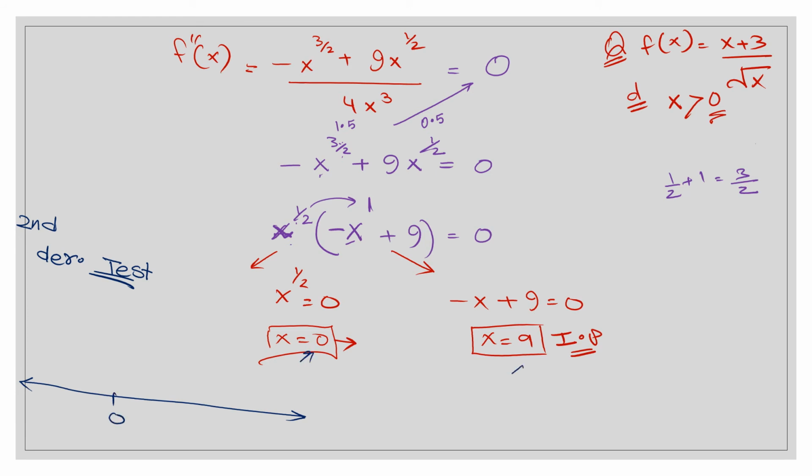Also put the 9, that is the inflection point candidate, and from here we will find whether it is an inflection point or not, because for an inflection point the function should be continuous and the concave up should change into concave down, or vice versa.